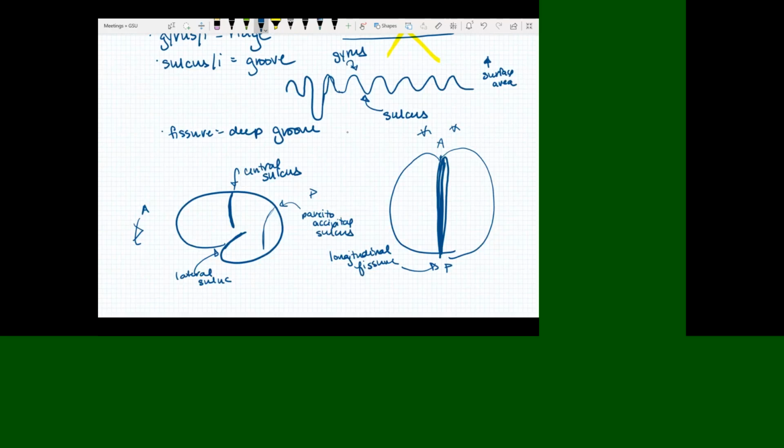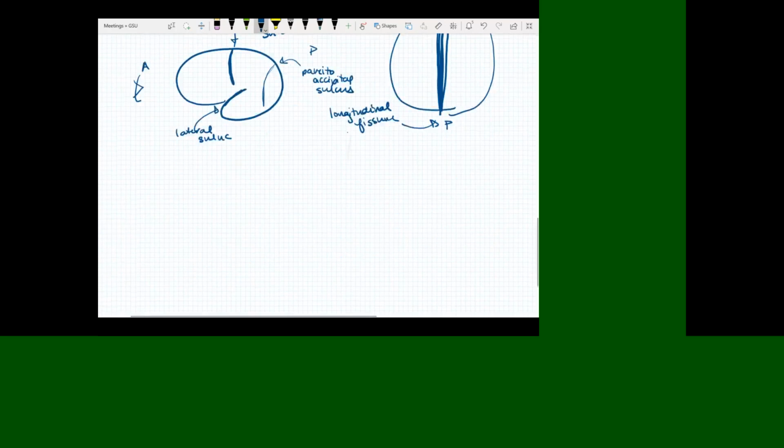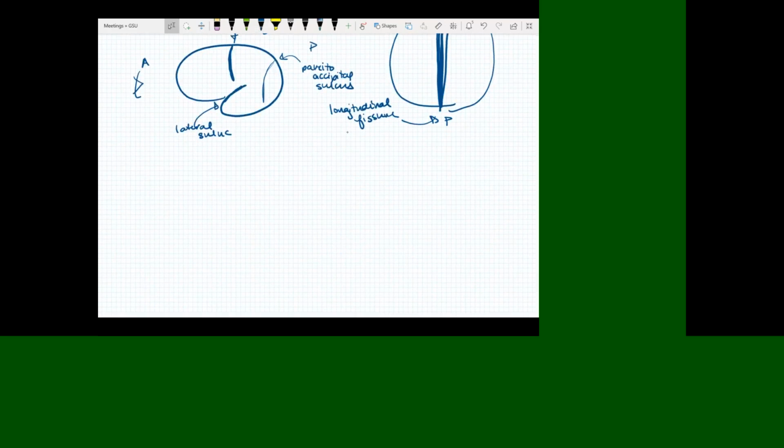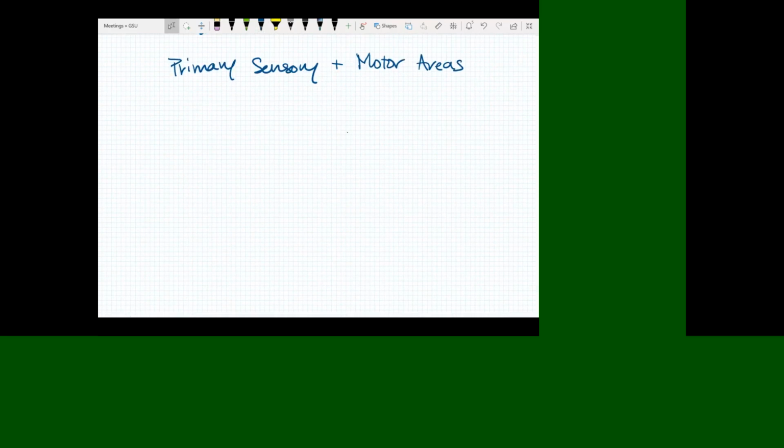What we're actually breaking up are the primary sensory areas of the brain and the primary motor areas of the brain. We're just going to briefly go through these within the brain.